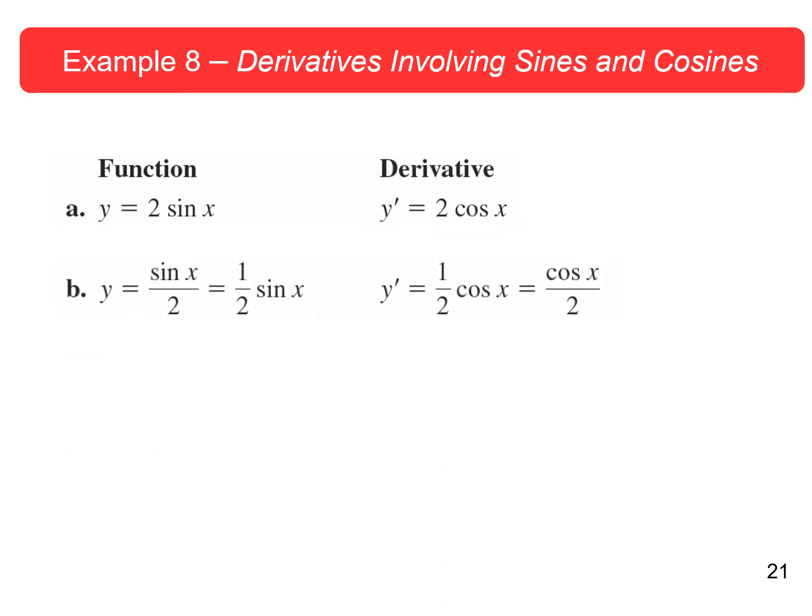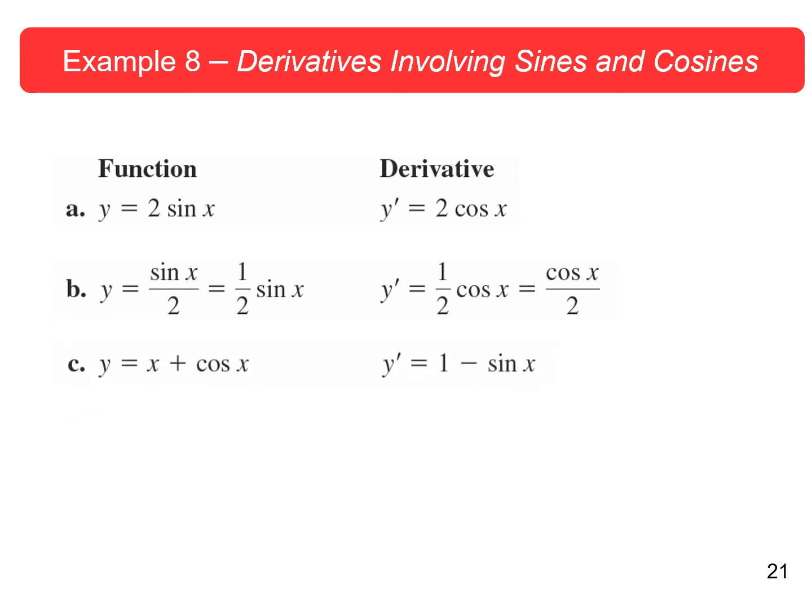Next, the derivative of sine x over 2. You can take out 1/2 and then differentiate sine x to get the derivative of y. So y prime is equal to 1/2 cosine x because the derivative of sine is cosine. If you simplify this, it is just equal to cosine x over 2.